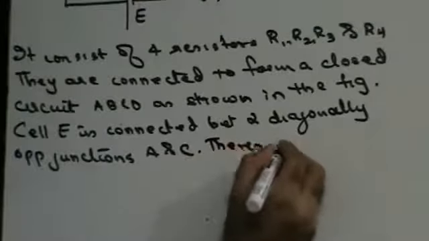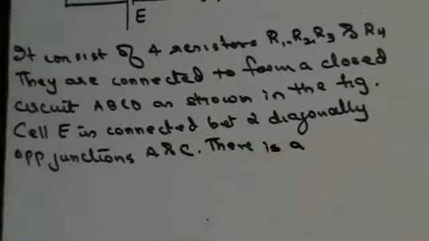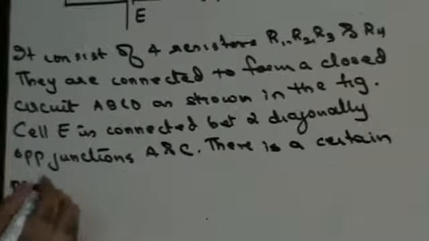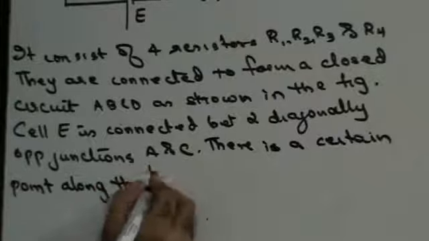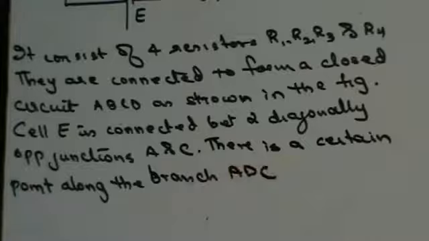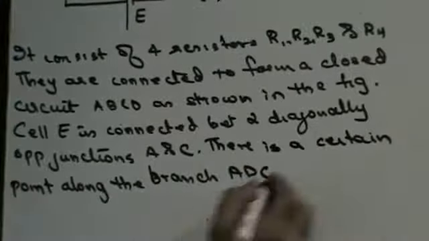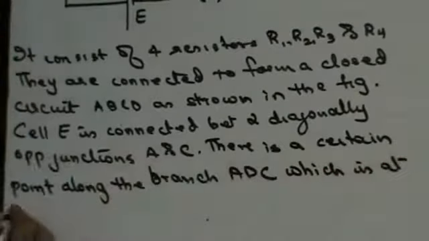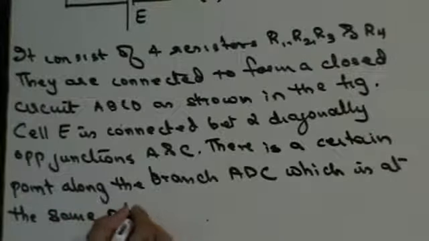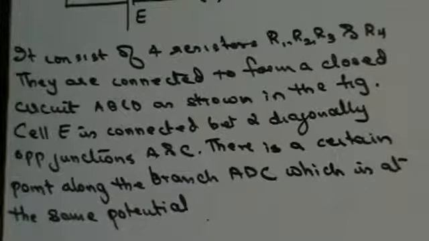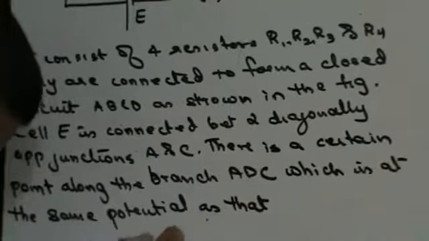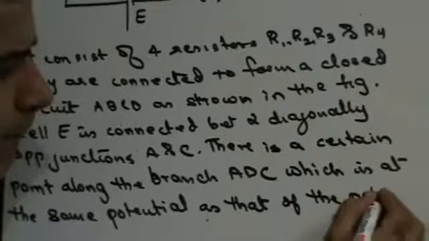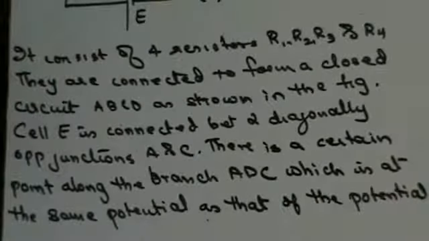There is a certain point along the branch ADC which is at the same potential as that of point B, right?